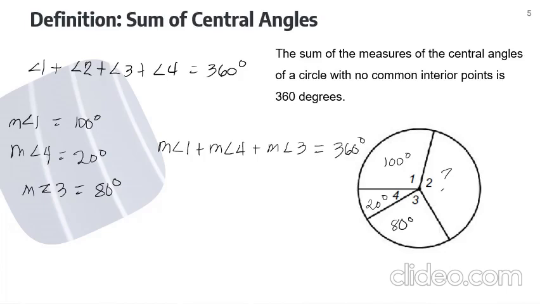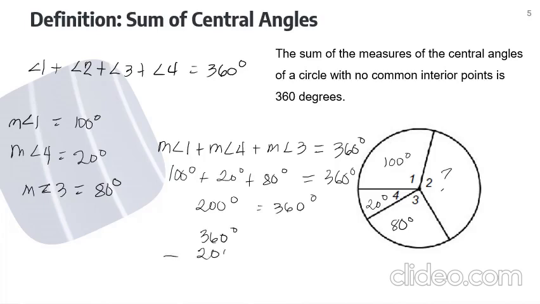If you're going to add, that will become 100 plus 20 plus 80 degrees, and the sum must be 360 degrees. 100 plus 20 plus 80, the sum is 200. To find the measure of angle 2, subtract 200 degrees from 360 degrees. And the answer is 160 degrees. Therefore, the measure of angle 2 is 160 degrees.